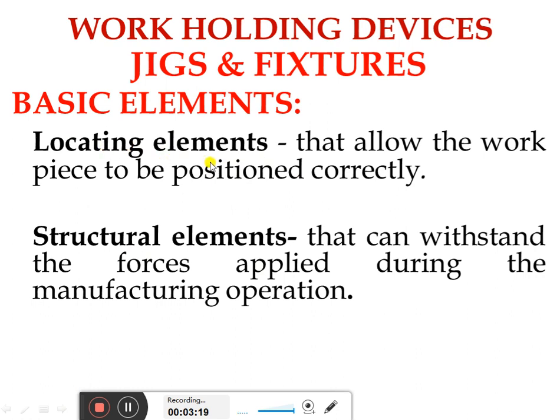The locating element allows the workpiece to be positioned correctly, so it locates the workpiece correctly on the machine table. And the structural element can withstand the force applied during the machining process. It is a rigid support to the workpiece. It opposes the force applied during the machining process.